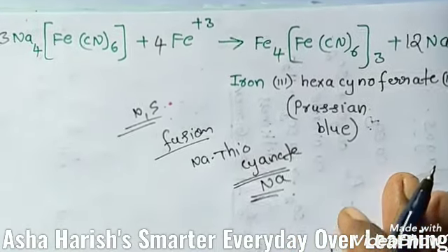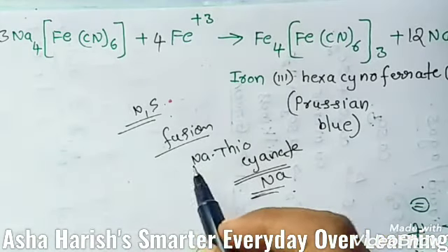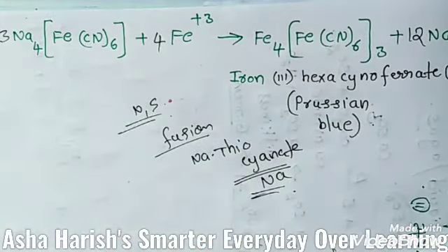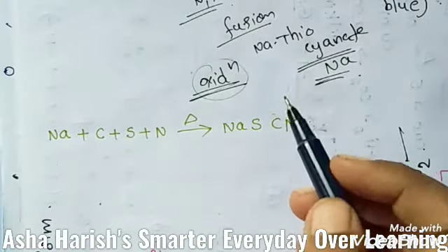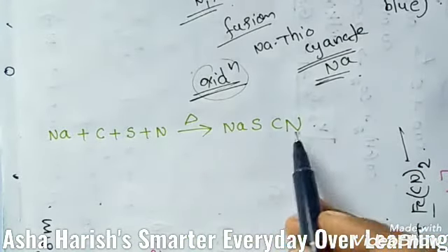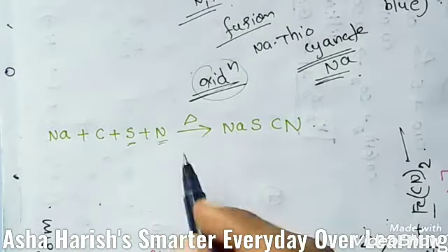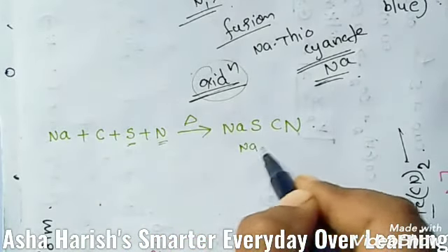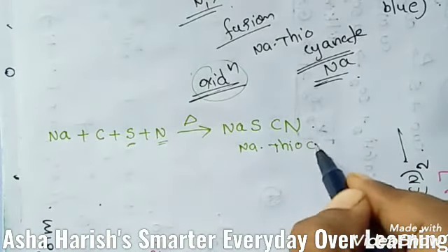When heated with ferrous sulfate, this again produces a red coloration due to ferric thiocyanate, by reaction with ferric ions formed by oxidation of ferrous ions. Here you can see the chemical equation: sodium plus carbon with sulfur and nitrogen gives sodium thiocyanate, NaSCN.